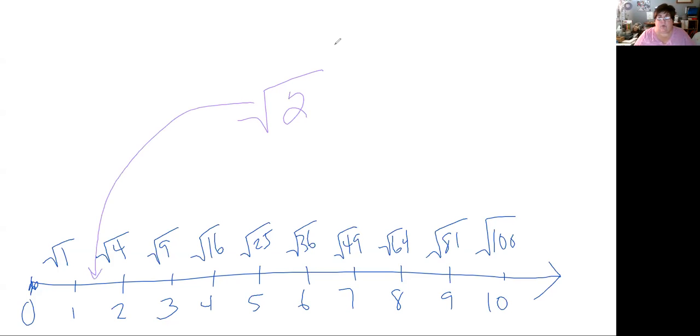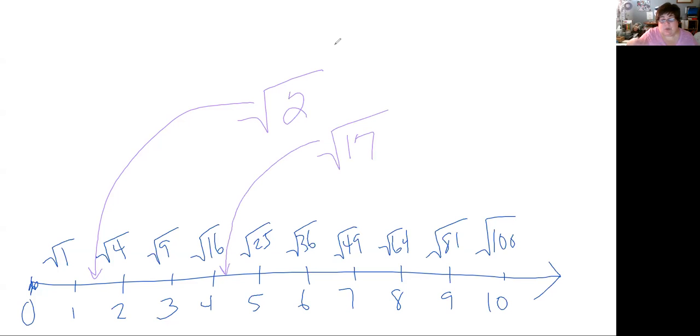Now, radical 17, you know it's going to be between 16 and 25. But more importantly, it's going to be 4 point something something. So it's going to be closer to here than it is to the other.